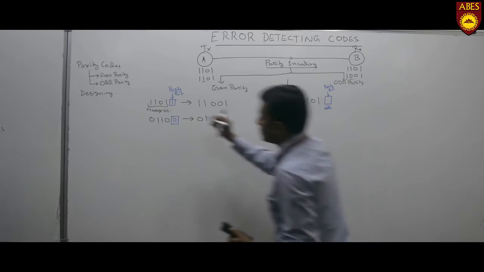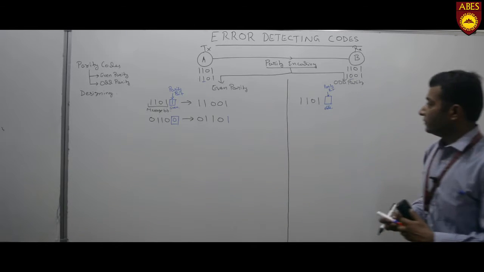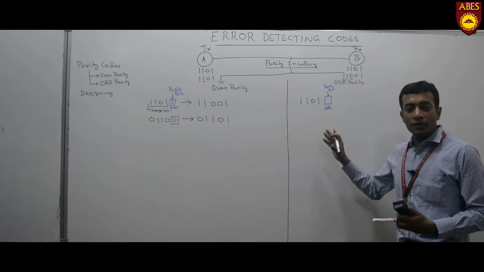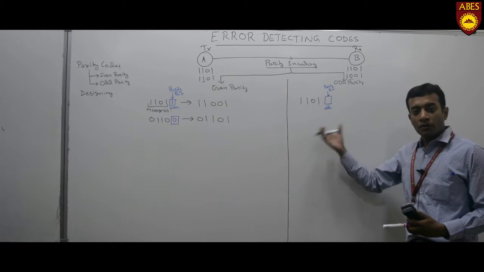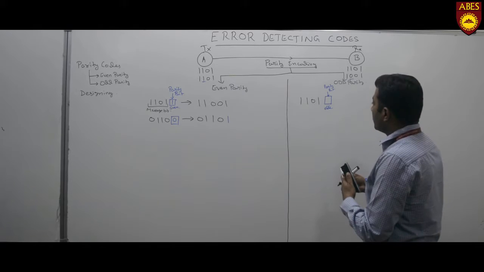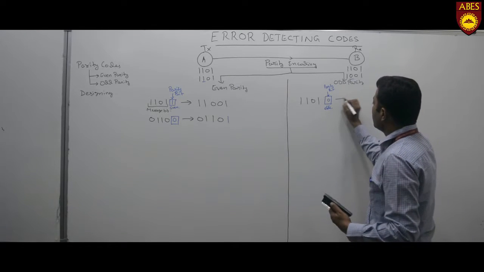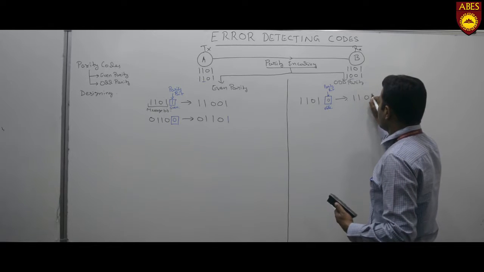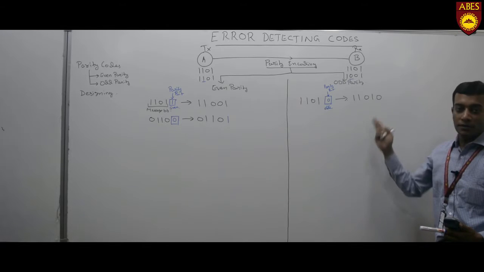In this case, it was even. Here what we are doing is we are encoding every message in odd terms, or an odd number of ones. So here what we would be adding is 0 and our final message would be this, which would actually be transmitted.